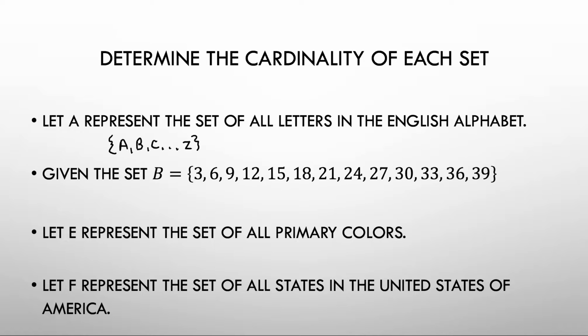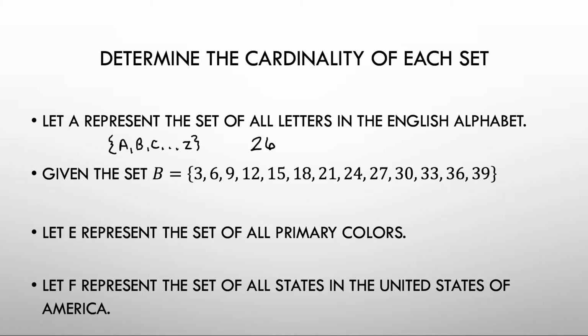Well, we know that there are 26 letters in the alphabet, so our set would contain 26 elements. Therefore, our cardinality is equal to 26. Remember, cardinality is the number of things in the set.